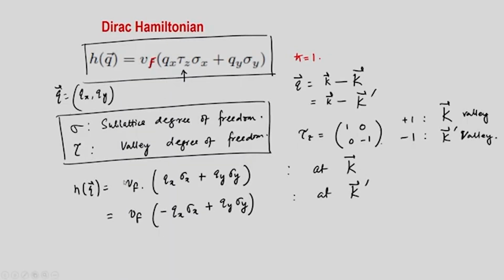Okay. So, this is what we have to understand, and in that context we have to understand the symmetries of graphene. So, the question is, what are the symmetries of graphene?